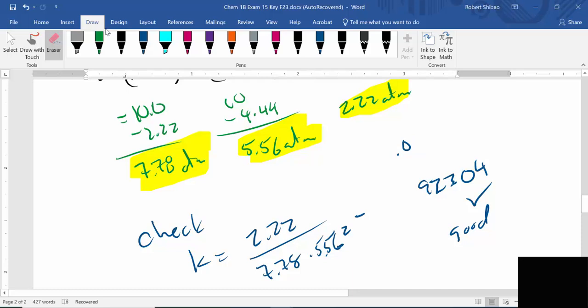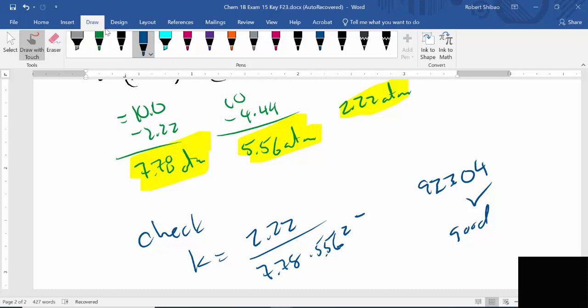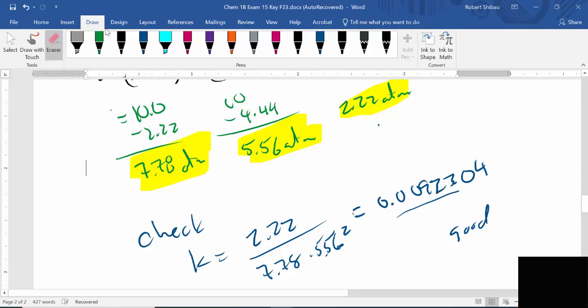The formatting got screwed up here. So if we plug this back in, we're going to get 0.009230. And so our target is 0.00923. So this is good. This checks out. Not the 0.04. The calculation is good. So let me just get rid of this check mark here.